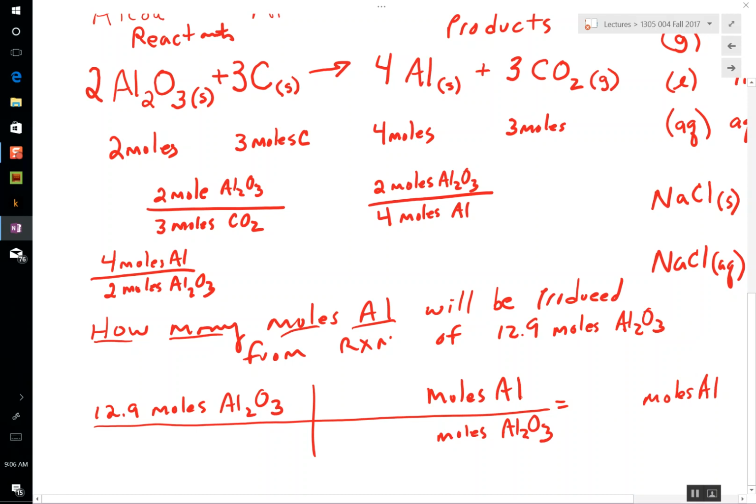And then what do I do to get those numbers? I jump right up to my balanced chemical equation, and I see that I have a 4 in front of the aluminum, and I have a 2 in front of the aluminum oxide. The ratio is 4 moles of aluminum for every 2 moles of aluminum oxide. This is crossing out, and I'm converting it to moles of aluminum.